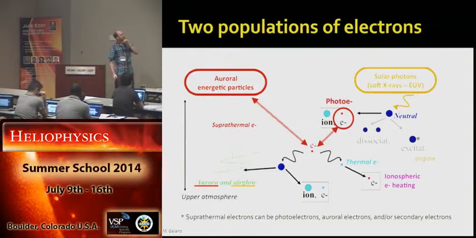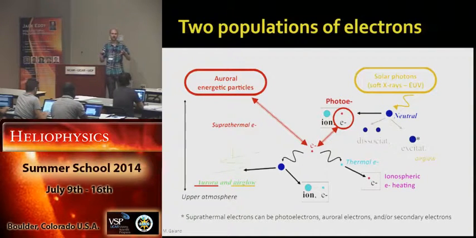Okay, so I just want to take a little bit of a pause here and talk about the fact that there are two populations of electrons that we have to worry about in the ionosphere. There are thermal electrons and superthermal electrons. So first of all, let's go through what happens with the photon again. It can ionize, dissociate, or excite neutrals.